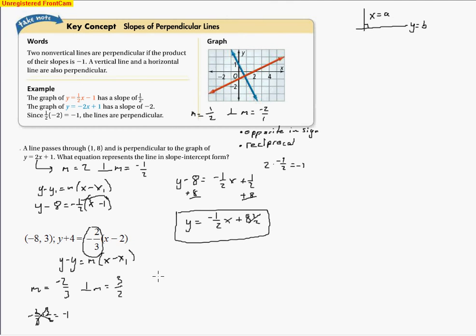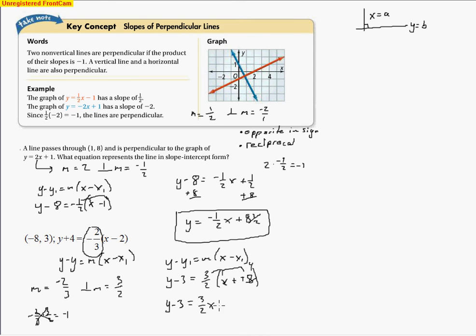So we're going to use this slope, and use the point in our point slope formula: y minus y1 equals m times x minus x1. So I substitute y minus 3 equals, and then my slope of 3/2 times x minus negative 8. When we distribute, minus negative makes a positive. So y minus 3 equals 3/2 x, and then the 2 goes into 8 four times.